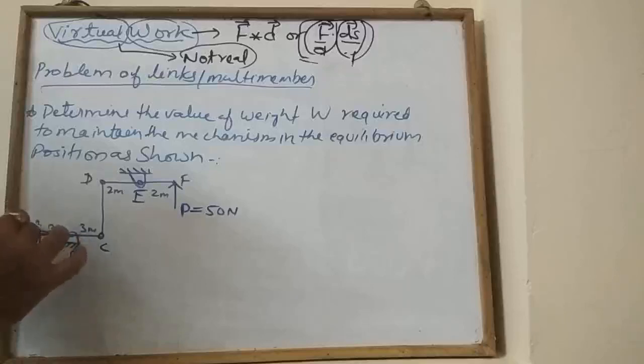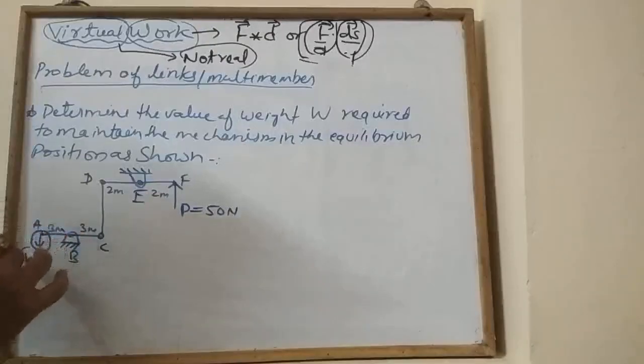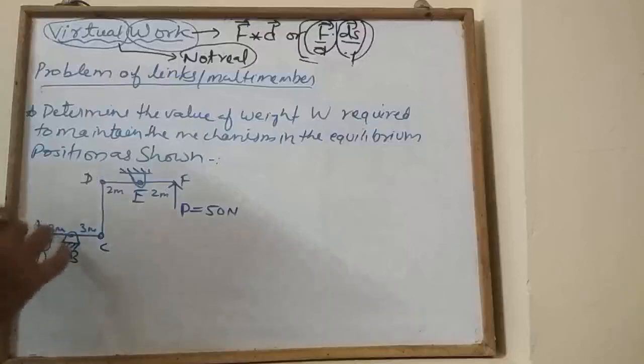So the movement of A will be restricted by hanging a weight W at this location such that A is not displaced. What will be the amount of W required to keep position A at the same position? It should not be displaced.